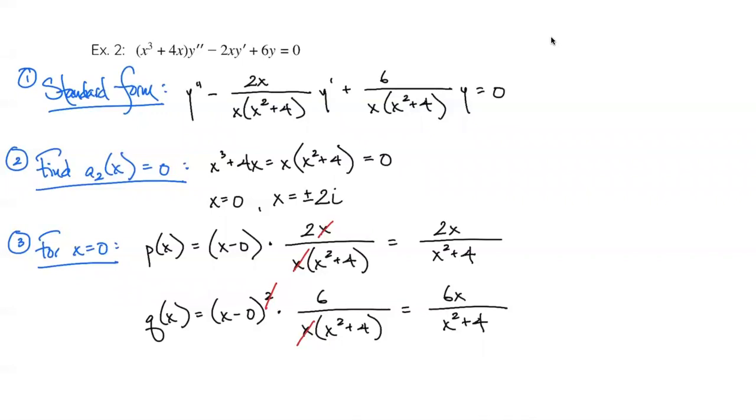Yeah. If we look at the denominator, I still have an x squared plus 4, but if I plug in 0, that's not going to give me anything undefined. I'm not going to get 0 in the denominator here, here, or here. And so we have a regular singular point.